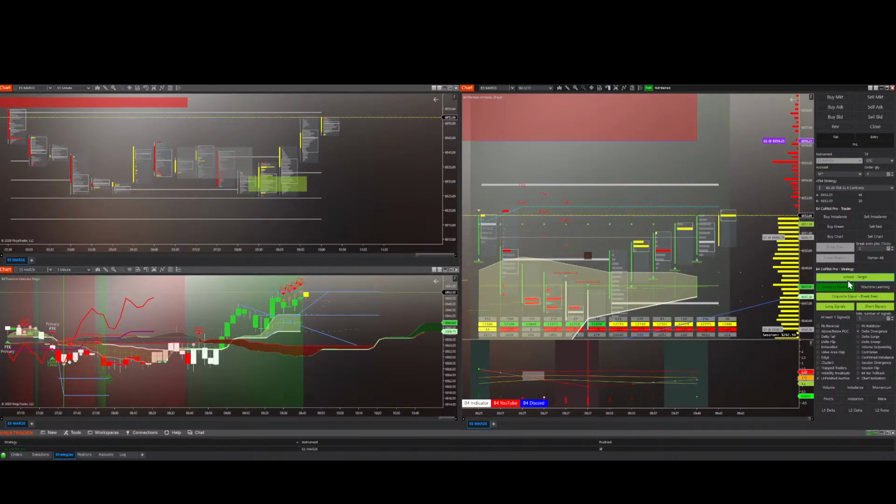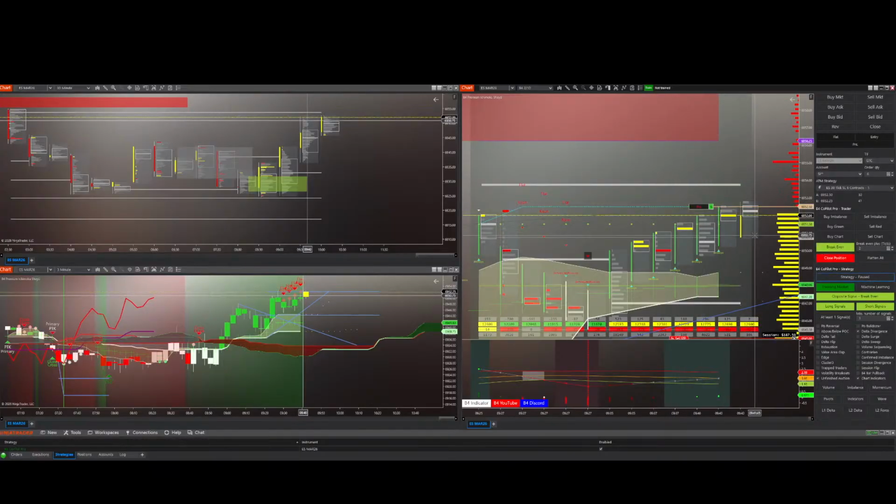Oh yeah, I forgot I had it unarmed. That would have got me in this trade. Order filled.